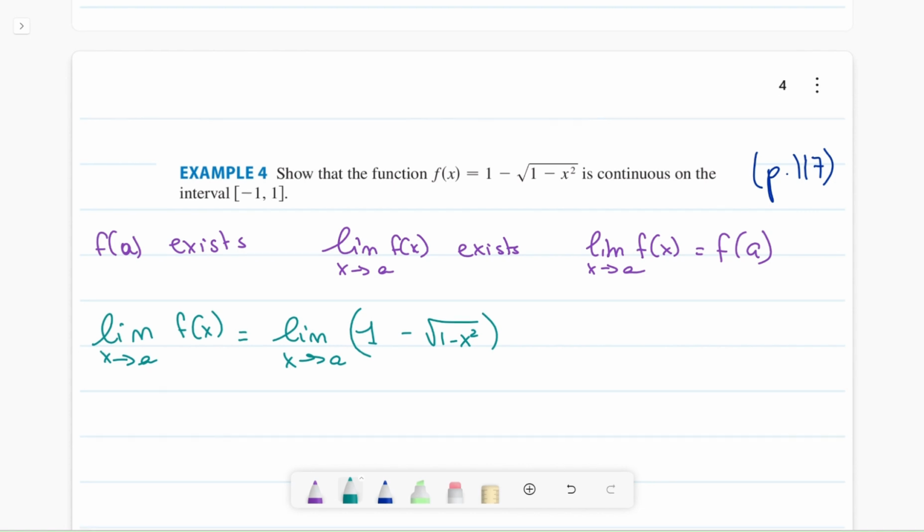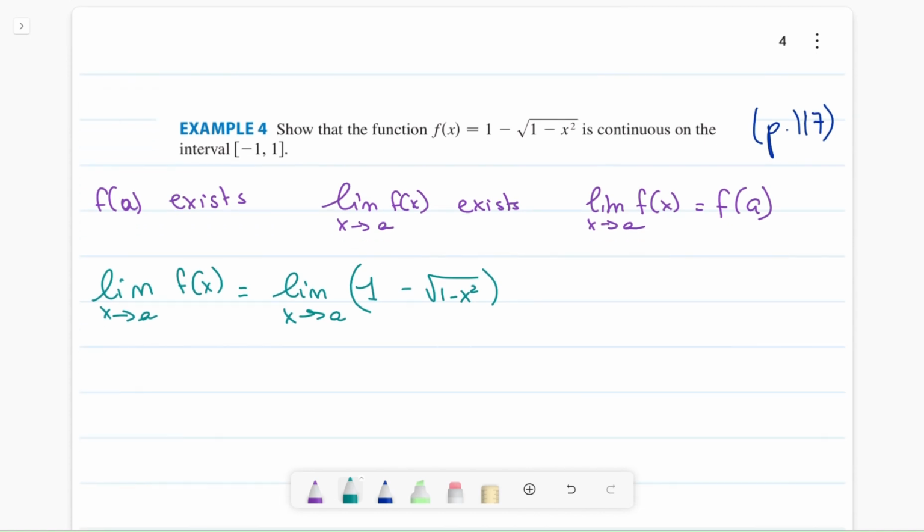Now we are working at every point inside the interval. So just keep in mind that here, -1 is less than a less than 1. We will deal with the endpoints 1 and -1 later. So let's start first with any point inside the interval. Let's compute the limit of 1 minus the square root of 1 minus x squared as x approaches a.